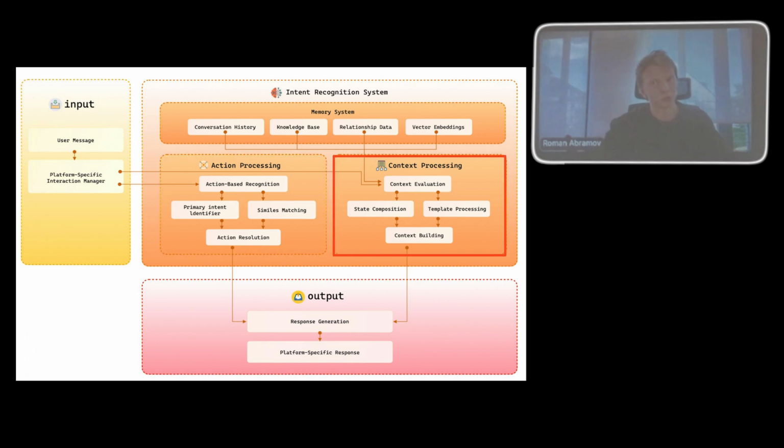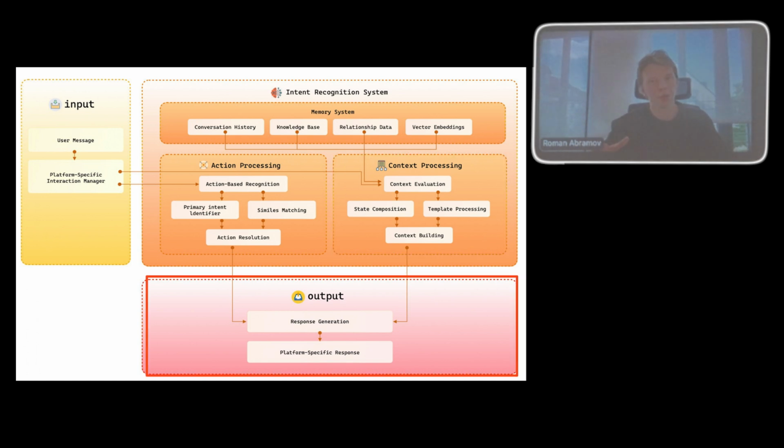And there's also context processing. Context is basically all the memory, all the history, and everything that could be related to the current conversation, including previous message history, as well as RAG output results, which might be relevant in the current case.